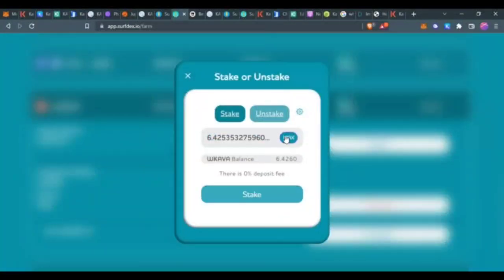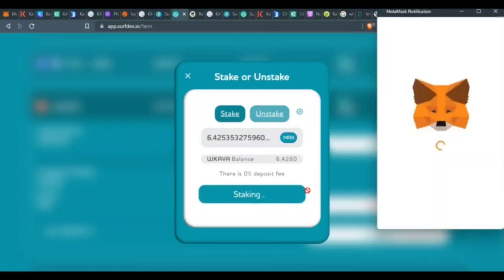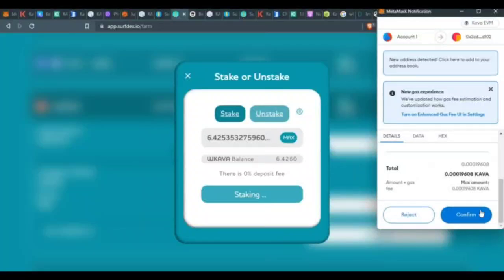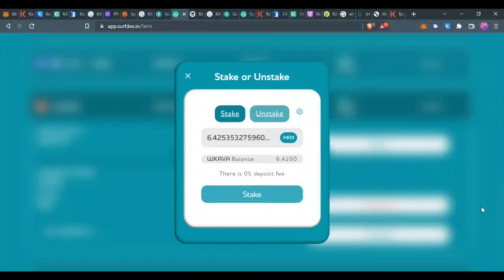There we go. We approve. Now we stake. So once again, I'm going in fully knowing the amount of risk that I'm putting myself at. And this is not financial advice, and I'm not telling anyone to sign up for these platforms and utilize them. I'm just showing you how to use them if an individual does choose to.